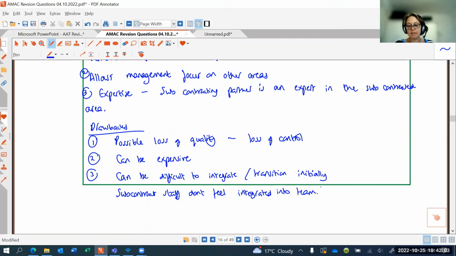So this idea of loss of quality, a little bit of loss of control, it might just take some time for them to be trained. I think somebody said that, didn't we? Yeah, it takes time to bring them up to speed. So we don't need all of these points, but the time taken for these new staff to learn the business processes needs to be factored in.